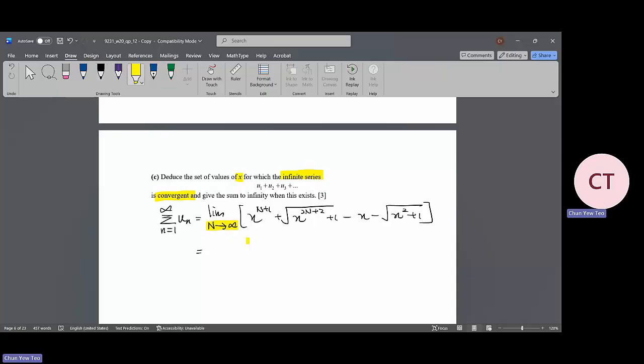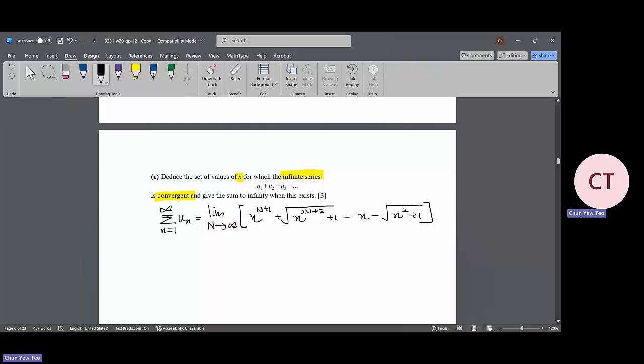And in order to be convergent, when n goes to infinity, this one wants to go to 0, this one wants to go to 0. And this is not affected by the power of n. So we only focus on the x^(n+1).